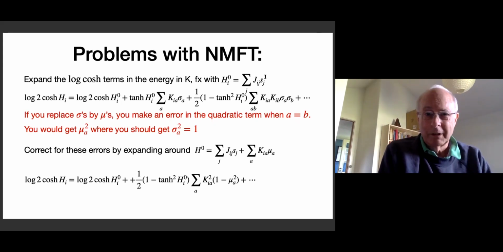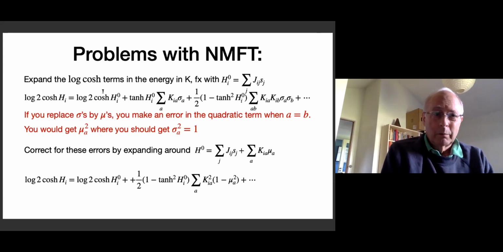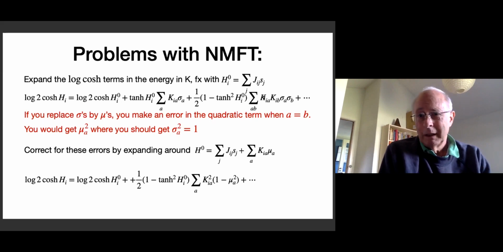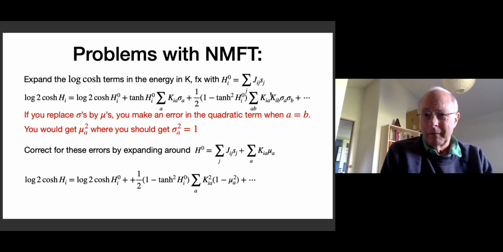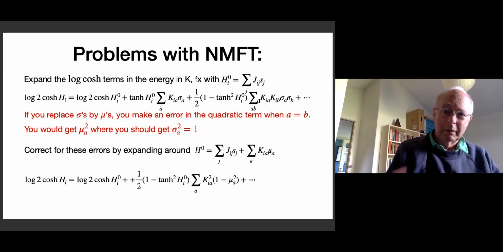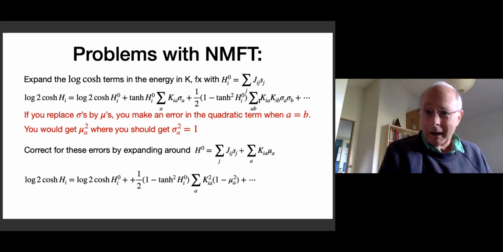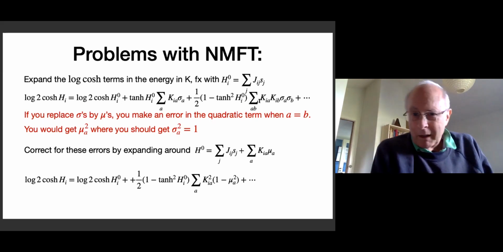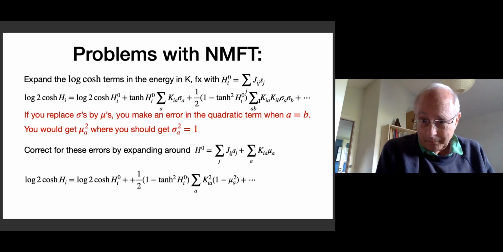We're looking at what happens to the visible units here. So it's the log cosh of this plus the derivative of that times the part proportional to K, the first order term, and then the second order term is 1 minus tanh squared, and then you get the sum of K times sigma squared. Okay, K_iA, K_iB, sigma A, sigma B. And if you just replace the sigmas by mu's, you'd be making an error here.